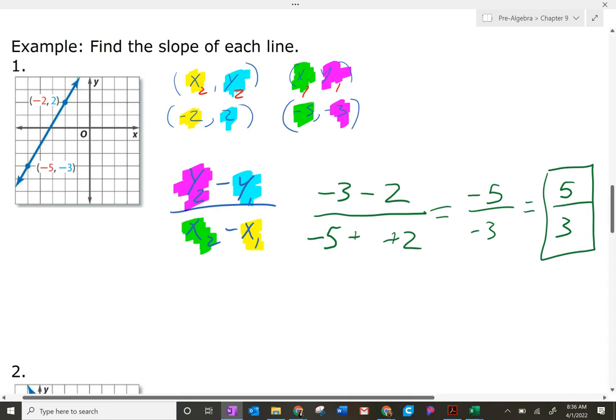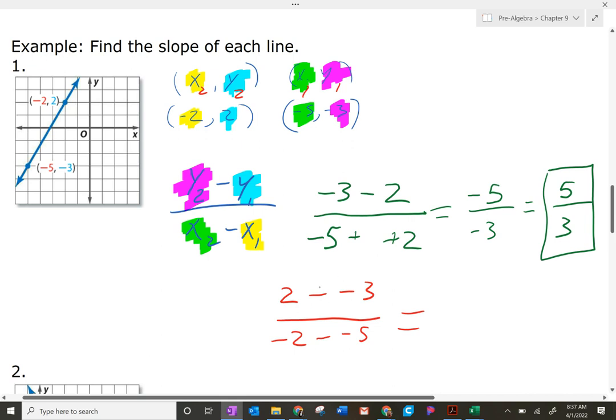My y2 minus y1, I get 2 minus, because again, my y2 was here, so 2 minus my y1, so minus -3, over my x2 was going to be -2 minus my x1, which was -5.